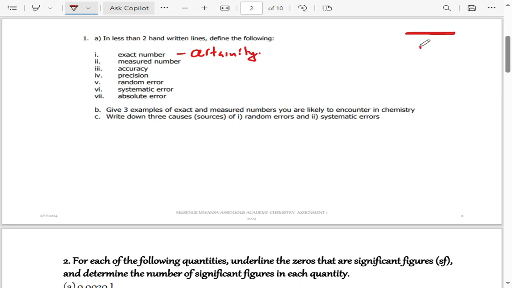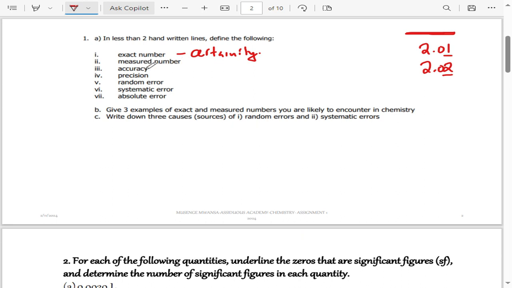One person might measure it to be 2.01 centimeters. Another one can maybe come and measure 2.02 centimeters. So you see that the last number here is uncertain. Different people find it differently. So that is a measured value or number. It has got some uncertainty.